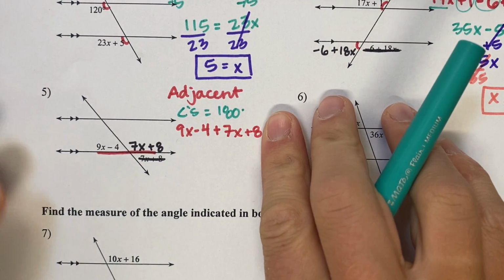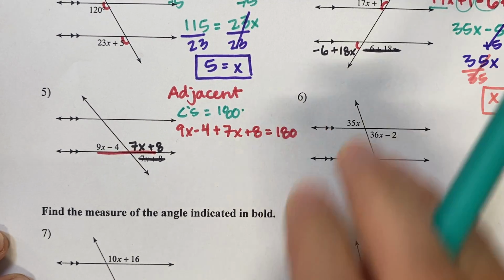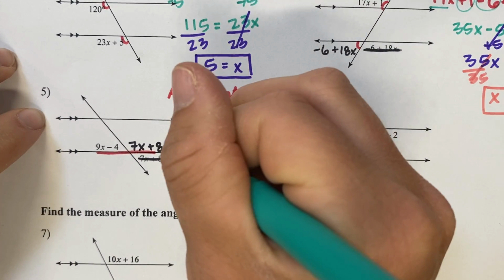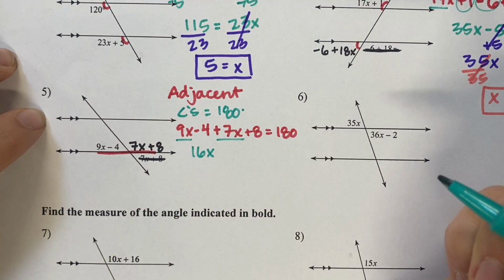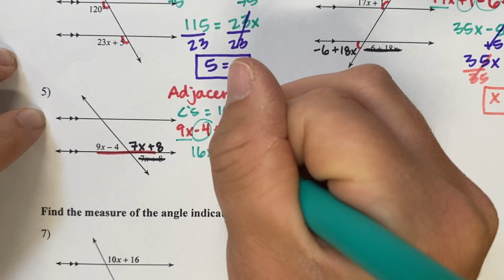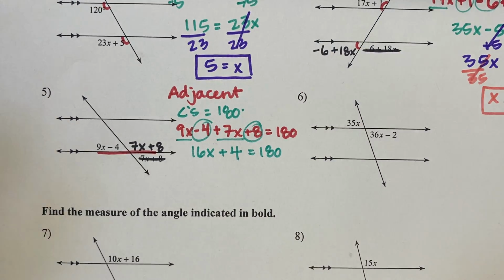Okay, well, let's look at my side with all my x's. Do I have any like terms I can combine? Yes, I do. I have 9x plus 7x is going to give me 16x. And then I have negative 4 plus 8, which is going to give me a positive 4. And it still all equals 180. Okay?